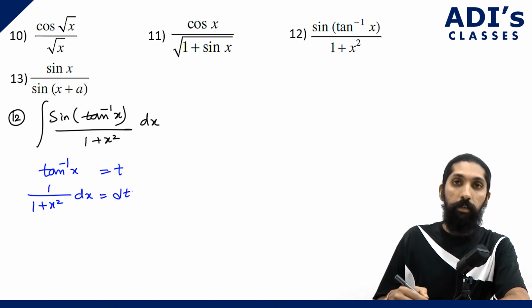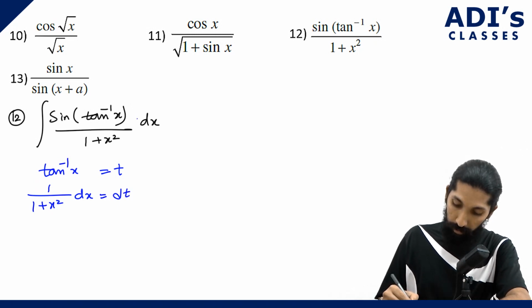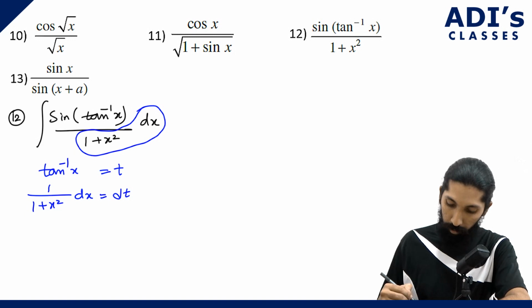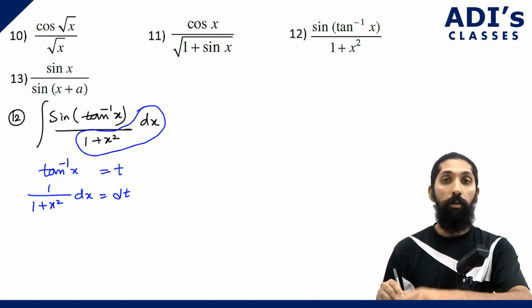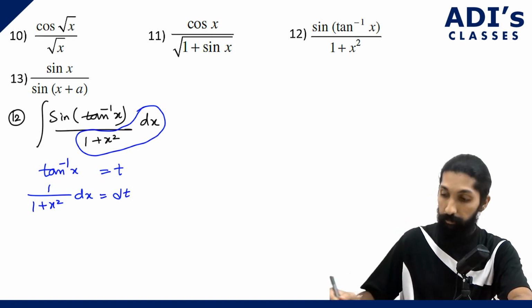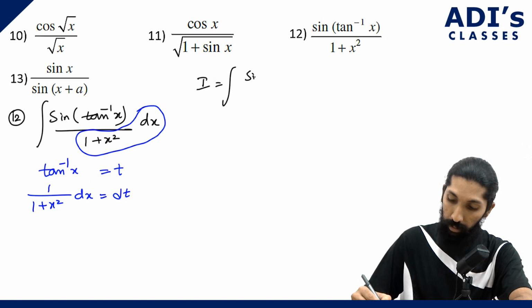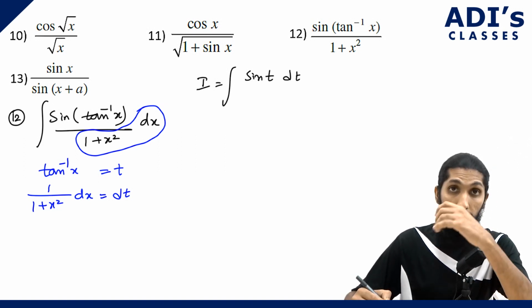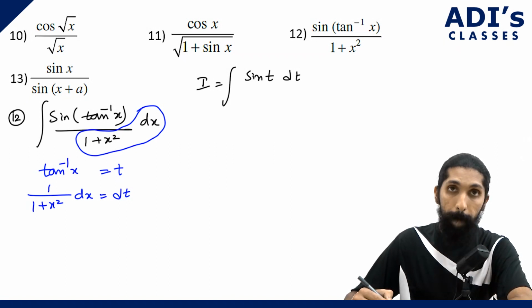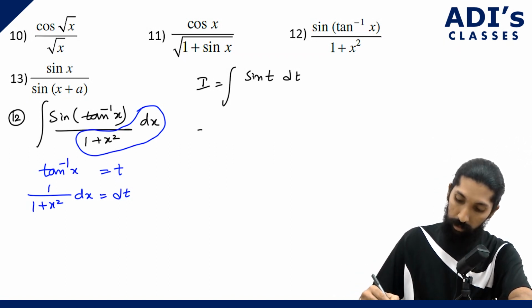So dx by this is going to become dt. Now direct substitution. So what you are going to get, I is equal to the integral of sine t dt, because tan inverse of x you have taken as t. So sine t dt, you'll get this as cos t plus c.